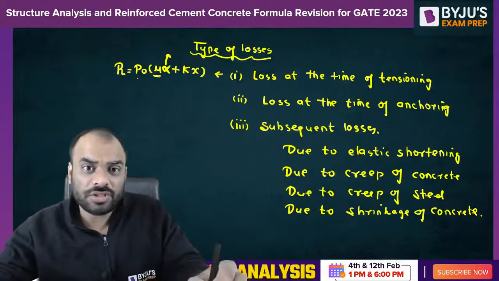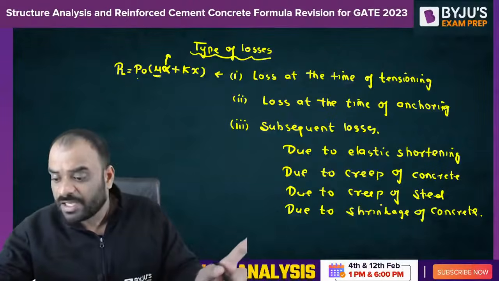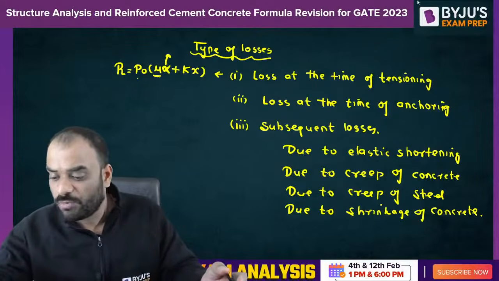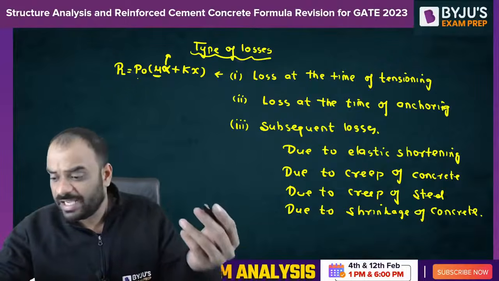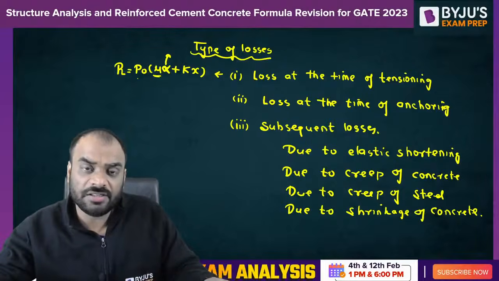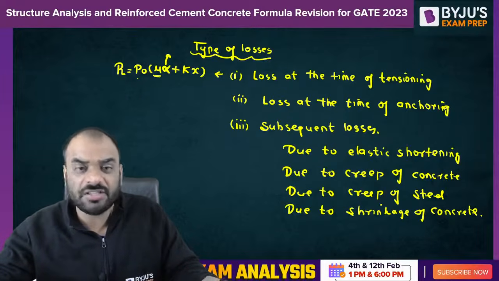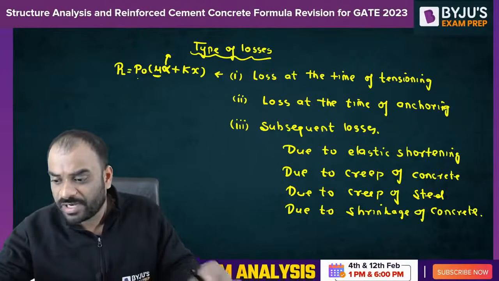If both ends are tensioned, then alpha will be 8H by L, right? And if only one end is tensioned, then in that particular case the value will be 4H by L, right?